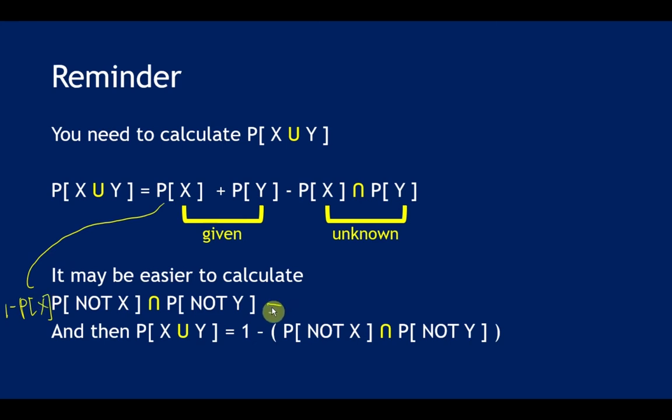Probability of not y is just 1 minus probability of y. And these probabilities are given to you, so you can calculate the not part very easily and multiply them together to get the intersection. And then the probability of x or y is just 1 minus the intersection between probability of not x and probability of not y.